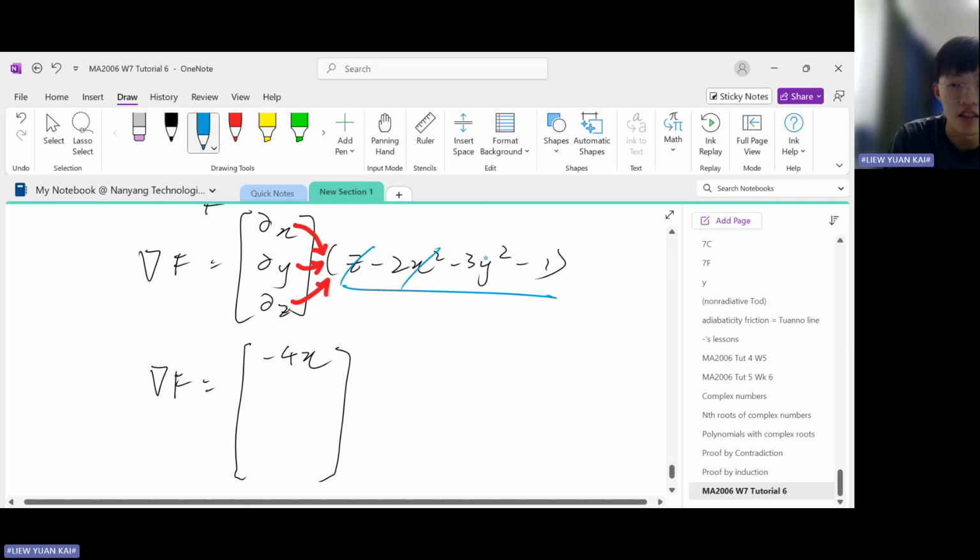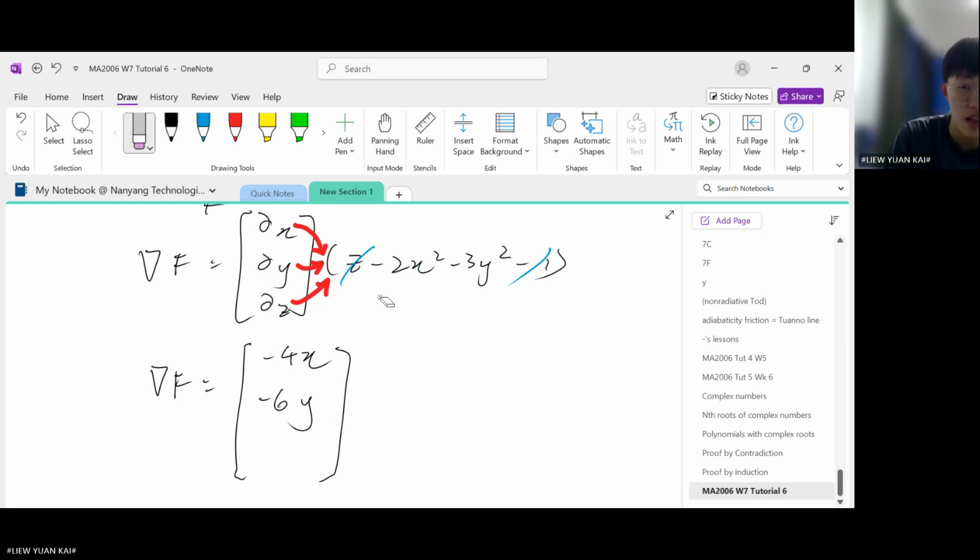These are constants, so we only need to differentiate this one. Power brought down, power minus 1. Next, differentiate with respect to z. These are constants, so z differentiated will become 1. Yeah, this is how you find nabla of f.